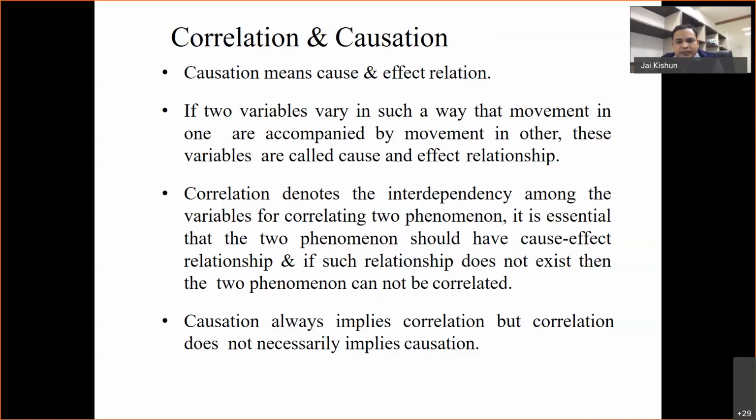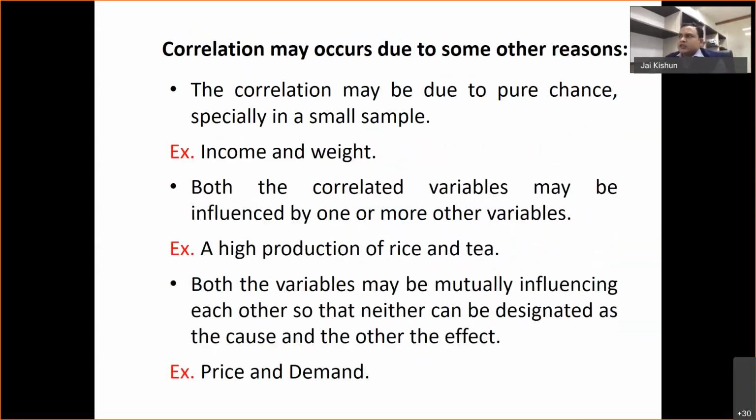So we have to take variables carefully when we are going to see this correlation or cause and effect relationship. These are some of the reasons due to which the correlation may occur.